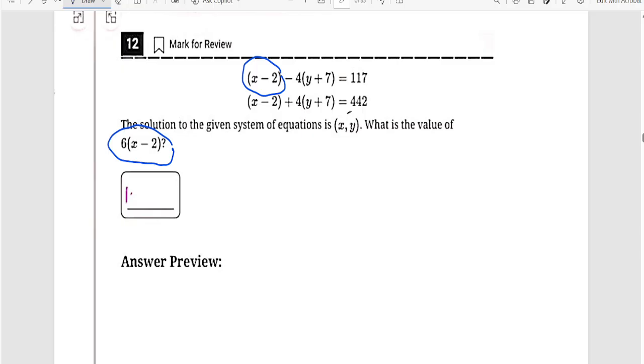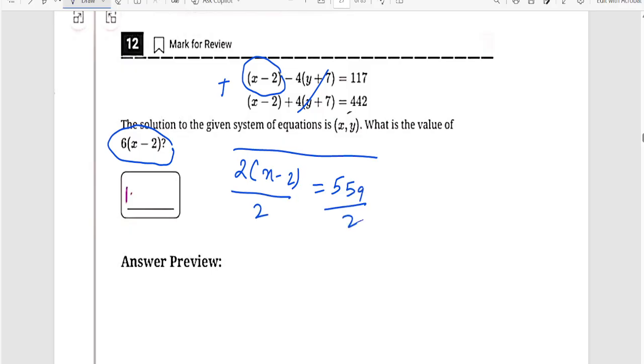So if I add these two equations, adding will cancel out these two because one is negative, other is positive, and this will become 2x minus 2. And if I add these two, 117 and 442, I will get 559. Now I divide both sides by 2 to get rid of this 2.